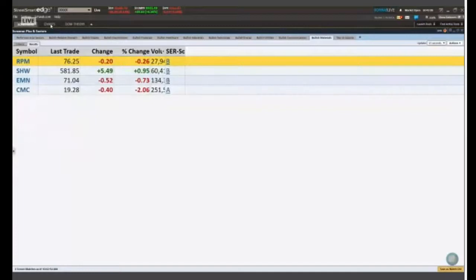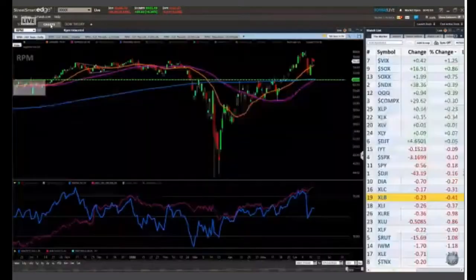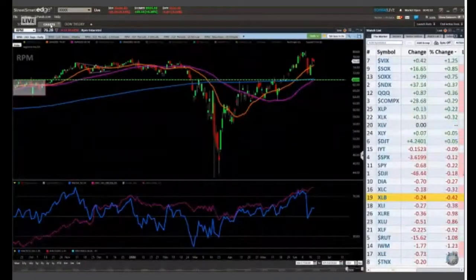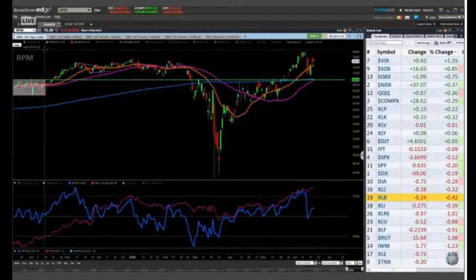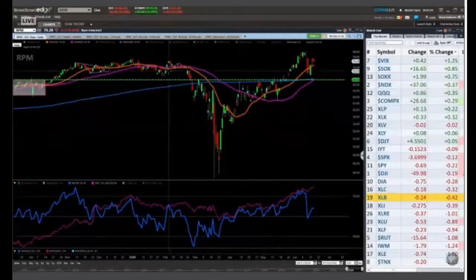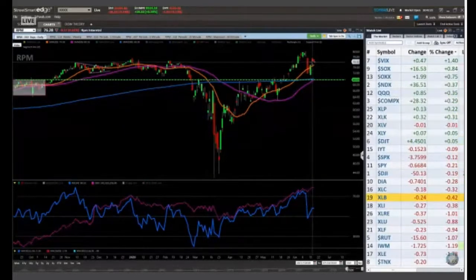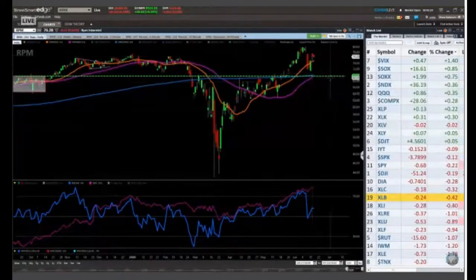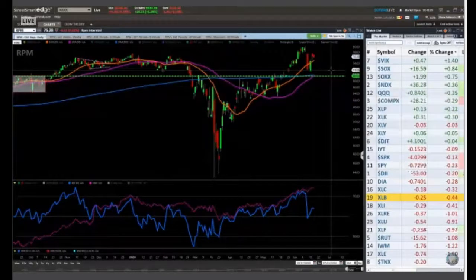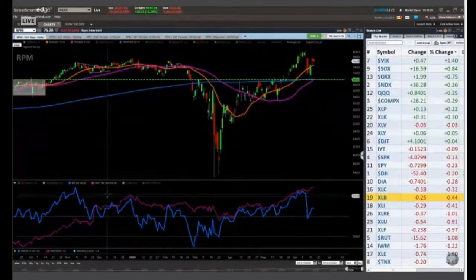Check RPM. Now this looks a little more interesting because it broke out to new highs, retreated to the 20 SMA, and didn't really get back all the way to the 200. But look at the on-balance volume here, Lee.